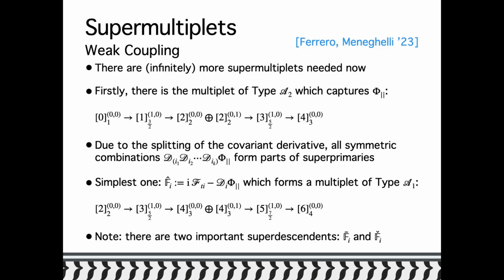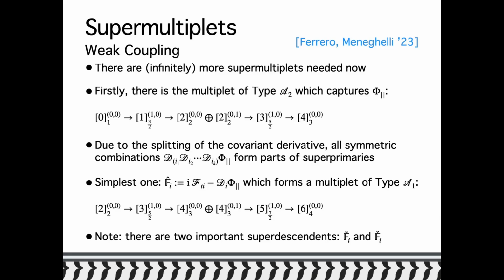Since there is one multiplet associated with each representation of SO(3) that you can build with these covariant derivatives, there are actually infinitely many more super multiplets that we have now in the game.